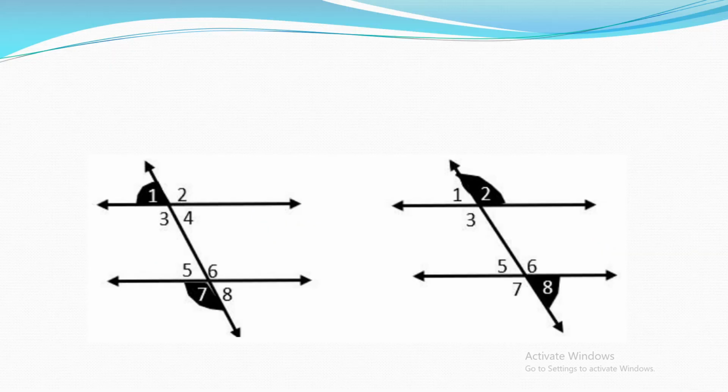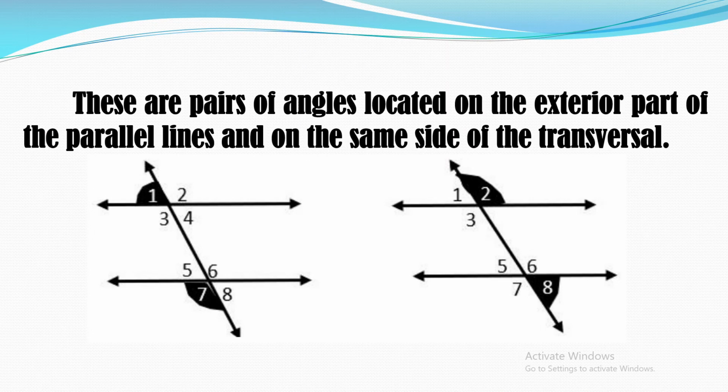Next, we have these two figures. What can you observe about the given marked pairs of angles? You're right. These are pairs of angles located on the exterior part of the parallel lines and on the same side of the transversal.